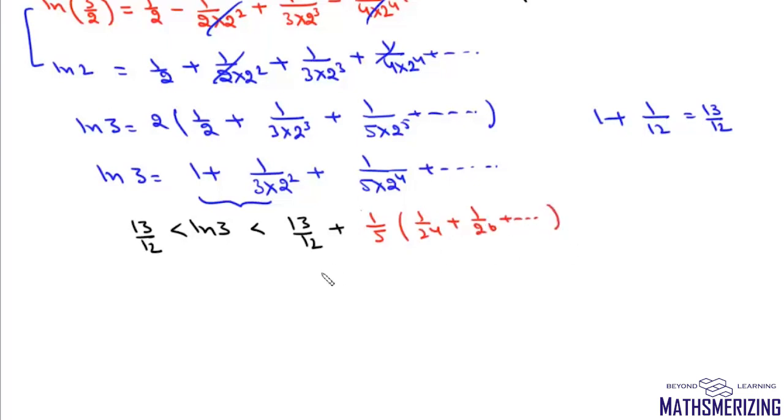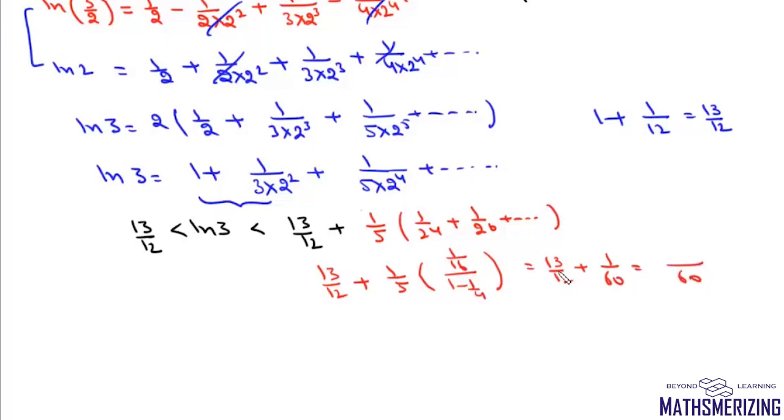If we simplify this right hand side, it will be 13 by 12 plus 1 by 5 into 1 by 16 and 1 by 4. So it will be this 13 by 12 plus 1 by 60.